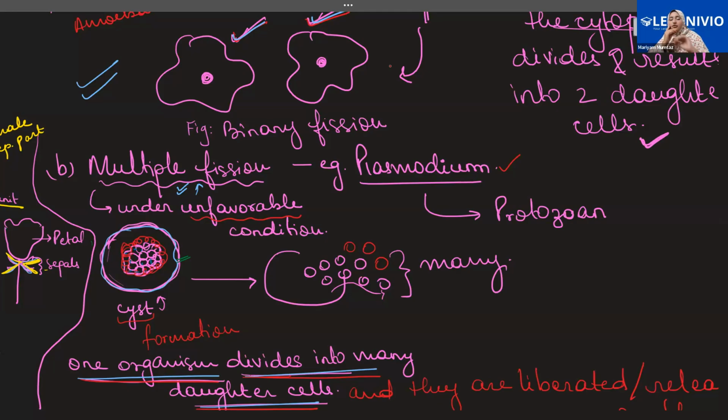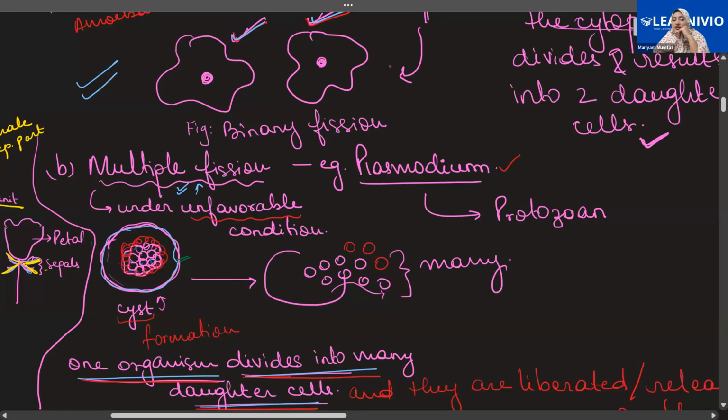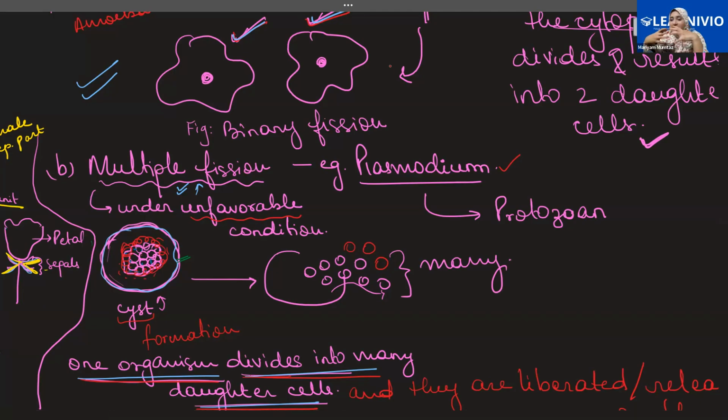Okay, so what happens is that they form a cyst. Cyst formation takes place, and inside the cyst, one organism is divided into many daughter cells. So all in all, many daughter cells are formed inside that cyst. Just imagine they are accumulating daughter cells in the time of unfavorable condition.